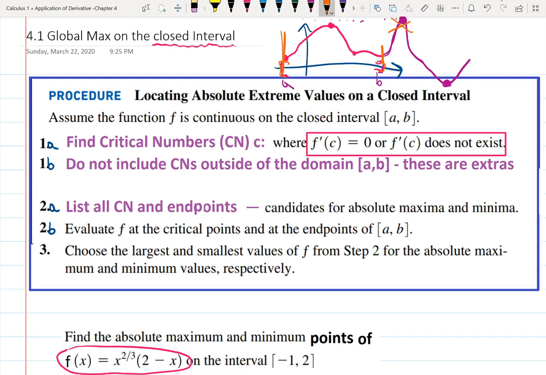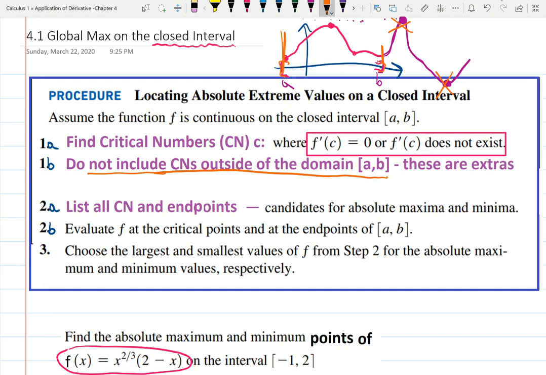These points should be crossed away from the list, even though they will show up from the equation. You will see that. So your job is to make sure you cross off the extra points, which means you should not include critical numbers outside of the domain. Just check which points are not in the domain. These will be extras, we don't need them.